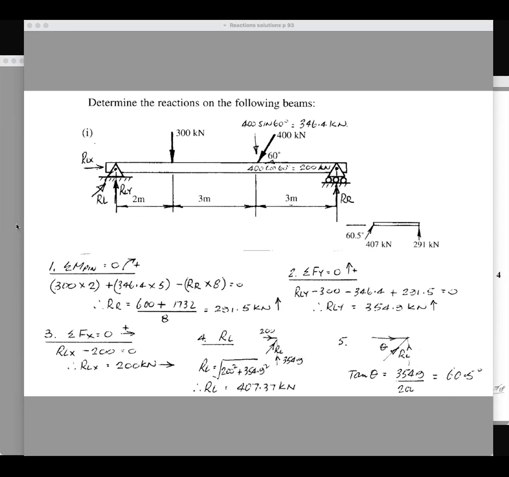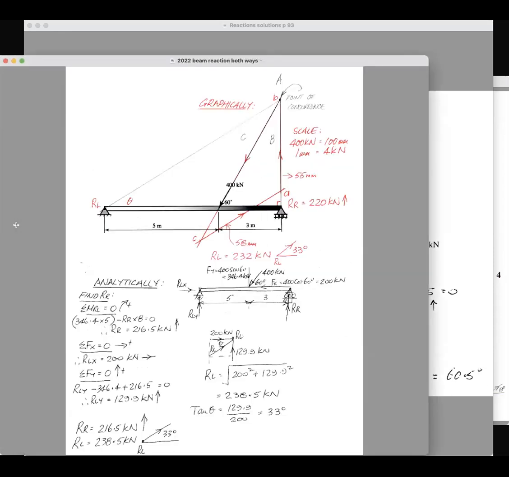Okay, the next question I want to show you is one similar to that one, except it's only got 3 forces acting there. And I'm going to show you how to use the 3-force rule to work out what these reactions are.